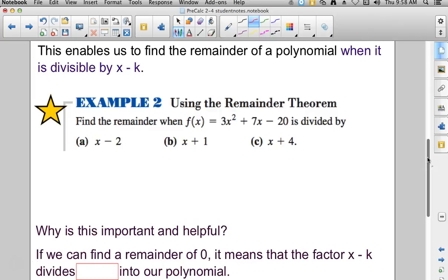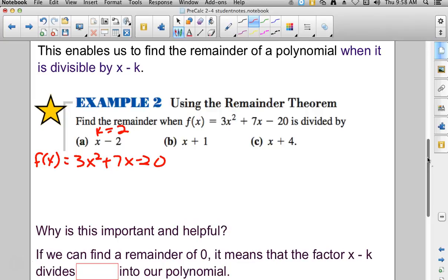So this says, find the remainder when f of x equals 3x squared plus 7x minus 20 is divided by x minus 2. Find that remainder. Well, what the remainder theorem just told us is, we can make this easier because all we need is the remainder by just saying k is 2 and plug 2 in and see what we get.